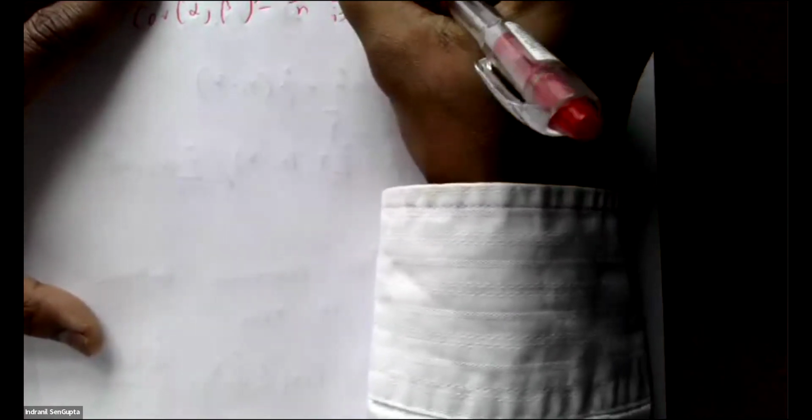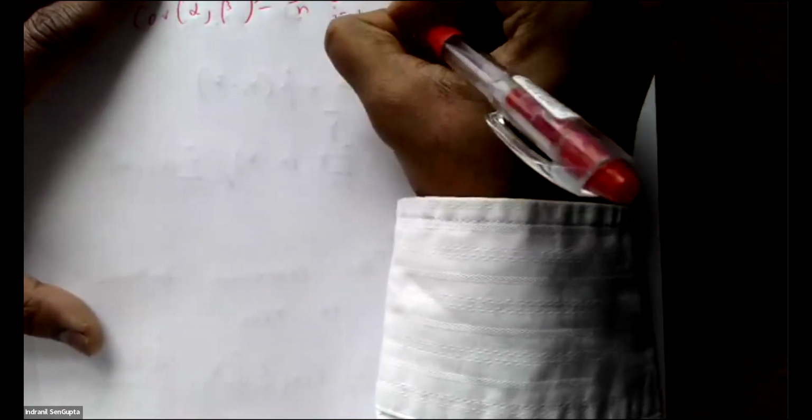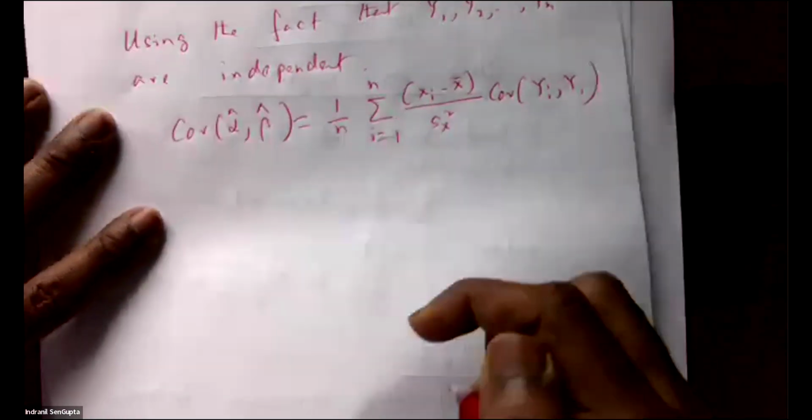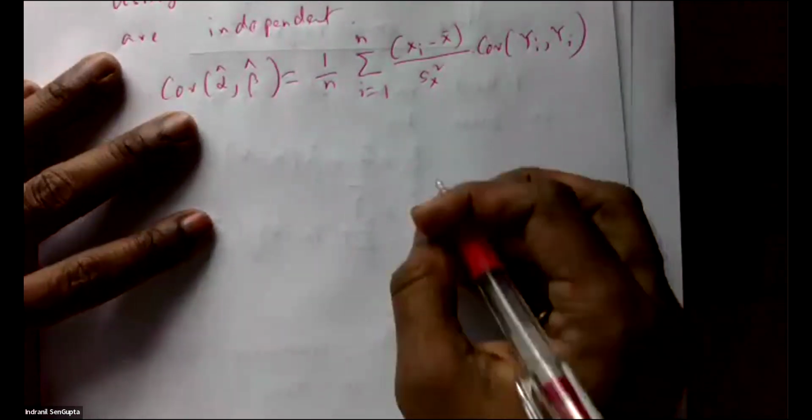Okay, so it becomes 1 over n summation i from 1 to n, just one sum, of (xi minus x bar) over sx squared, and the covariance of yi with yj. Whenever i equals j, that is non-zero, otherwise it's 0.